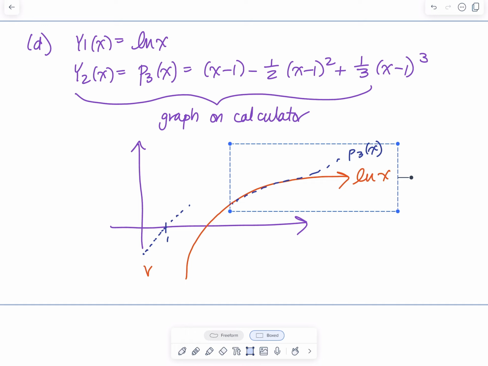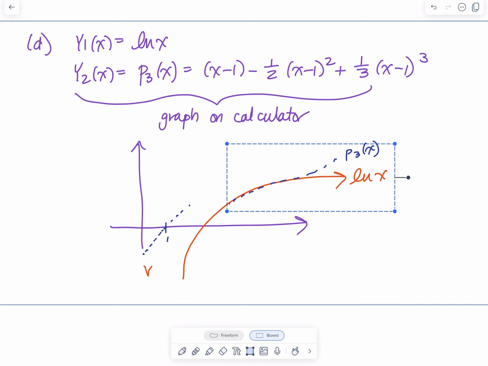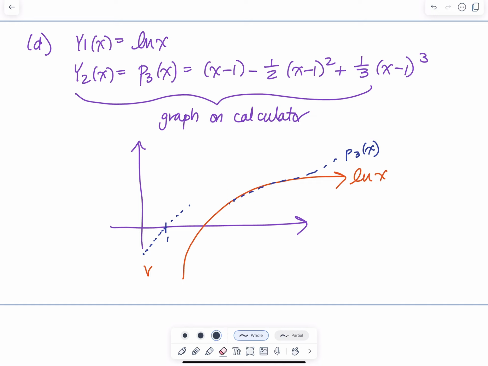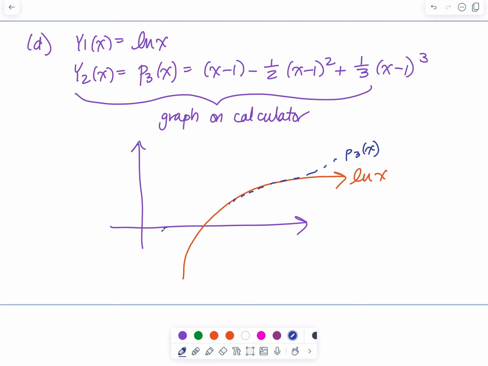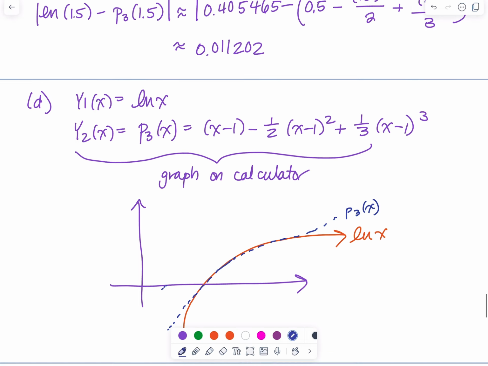That would be a little bit better. And you could see that, whoops, that's where 1 is. And so this other function comes about like this. Okay, so that concludes this lesson.